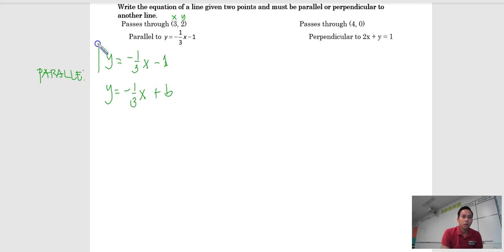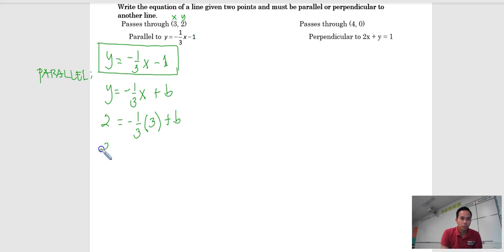This is our original equation here. And now we are going to write an equation that is parallel to that equation. So we'll be using y, which is 2, is equal to negative 1/3 times x, which is 3, plus b.